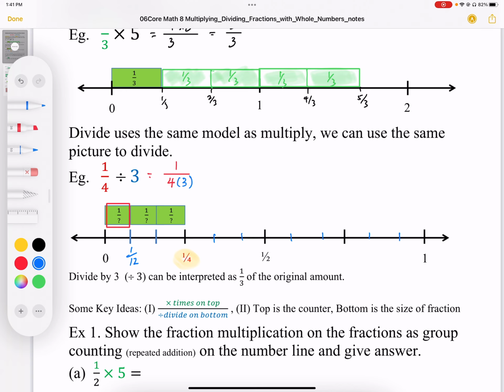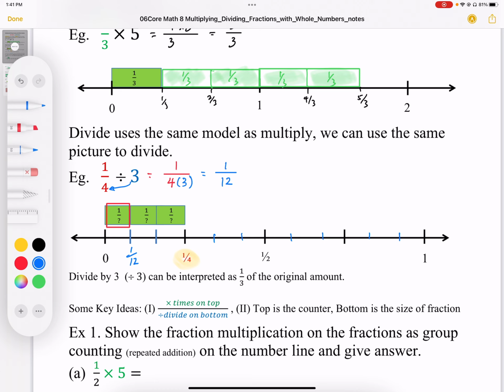That grouping of 3 is a dividing grouping, so we're going to put that in the denominator. When we do that, we end up with 1 on top, 4 times 3 on bottom, and we can also get our 1/12 that way. So times on top, divide goes on bottom only, and it shows up as a multiplying factor in the denominator. That is one way we can divide by the whole number.